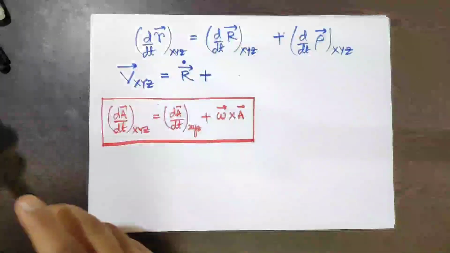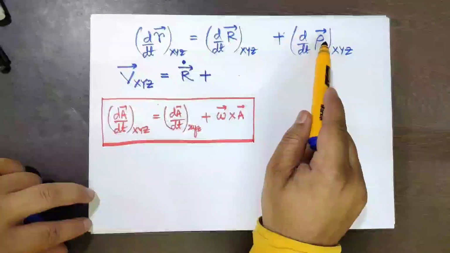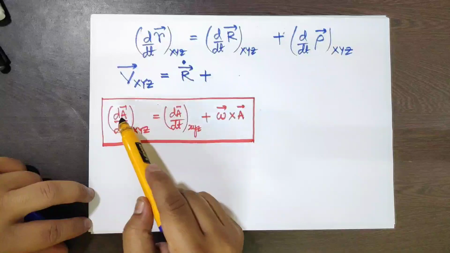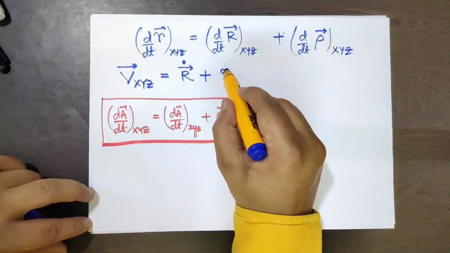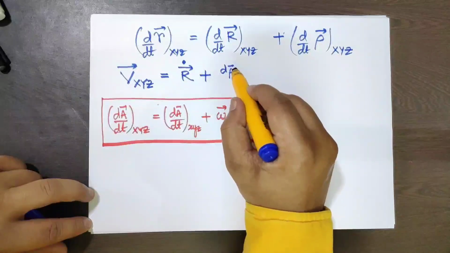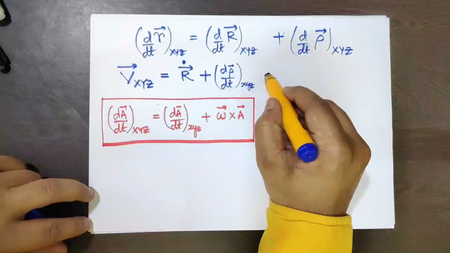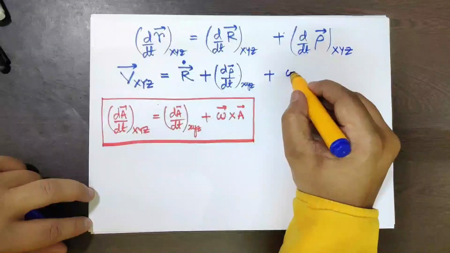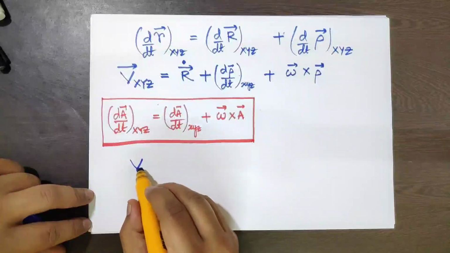So here also, rho will be in place of A, so d rho/dt with respect to capital XYZ is d rho/dt with respect to small xyz plus omega cross rho. Let's put it again.